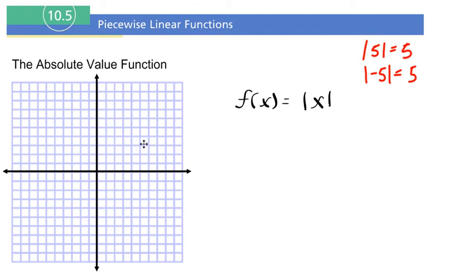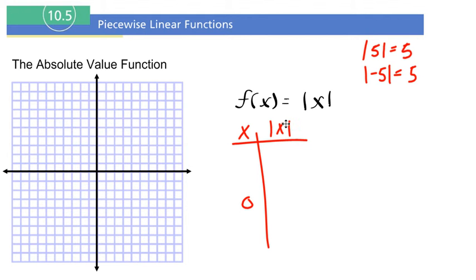All right, so what I want to do right now is let's just go ahead and plug in some values and see what the graph looks like. The easiest way to do that is to create a table of values. We have our x values, and then we have our y values, which is going to be the absolute value of x. So how about if I start with 0 in the middle?